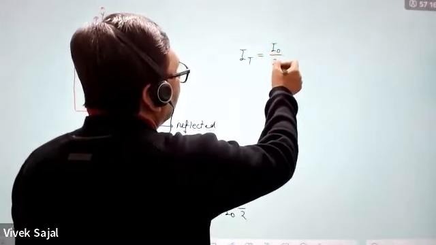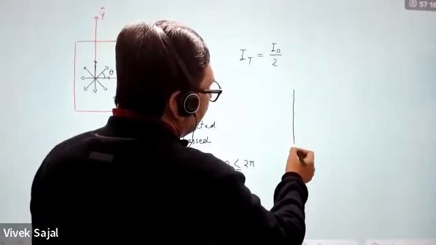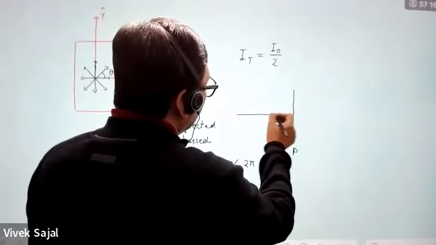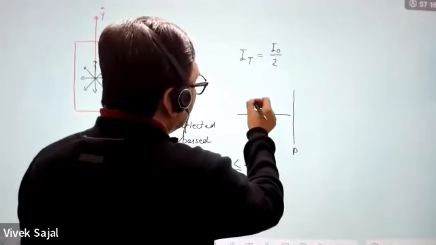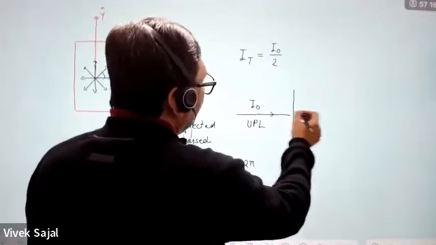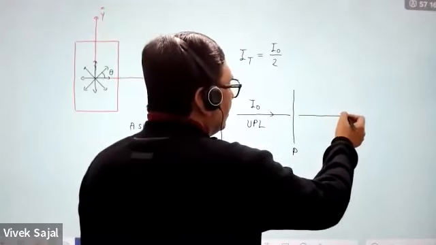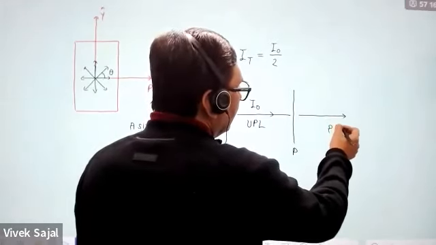So from here we are saying that if this is a polarizer and unpolarized light is incident on it, whose intensity is I naught, when it passes through it, it will be converted into plane polarized light.